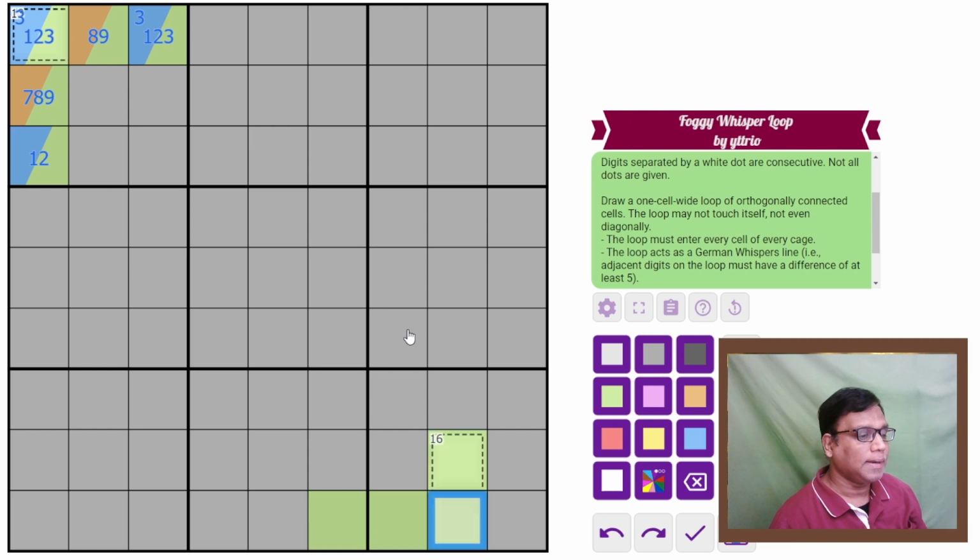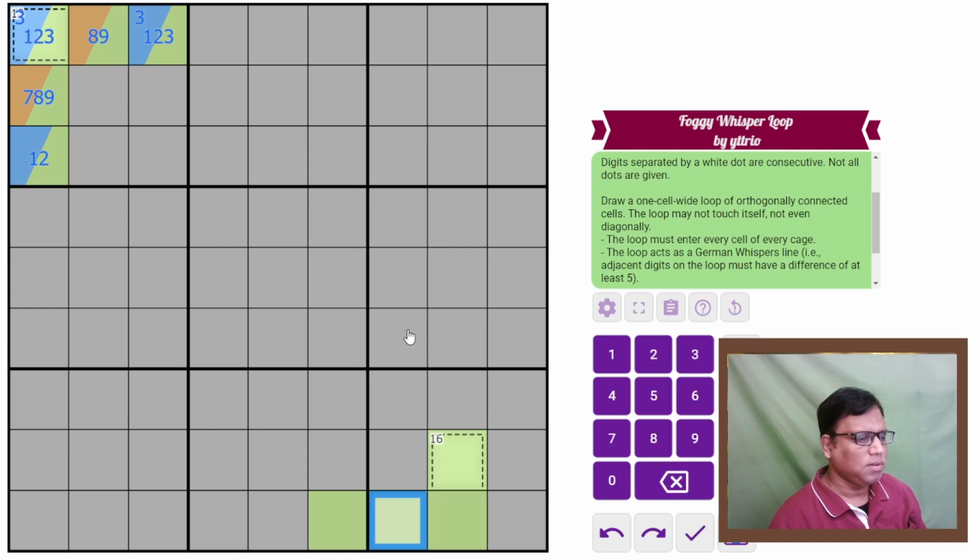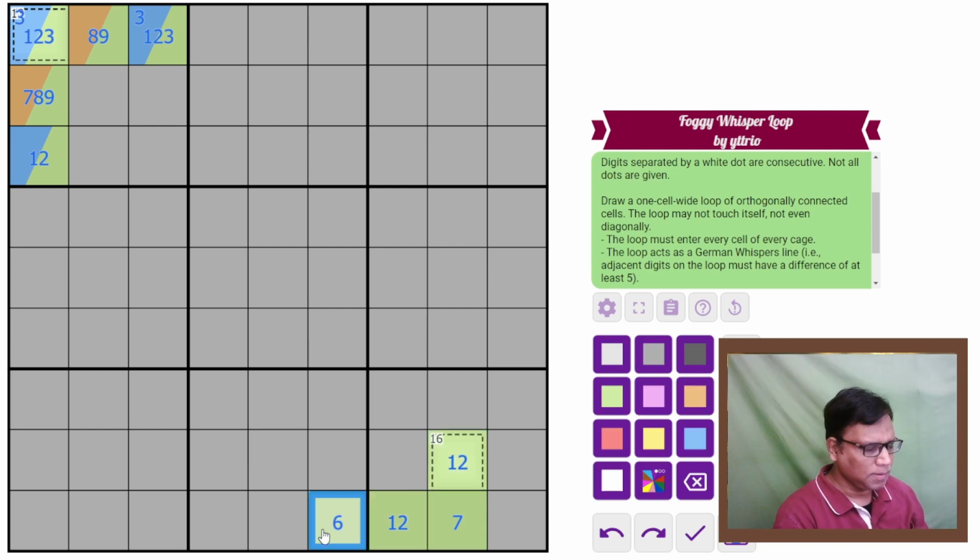But that will be tight, right? So if that's 1 2 6 7, something like 7 will be surrounded by 1 2, right? And then that's okay.